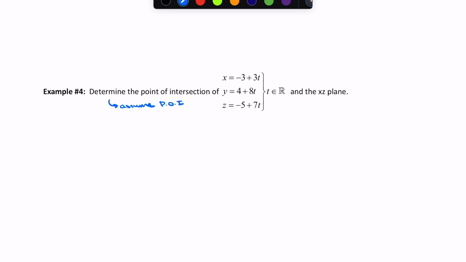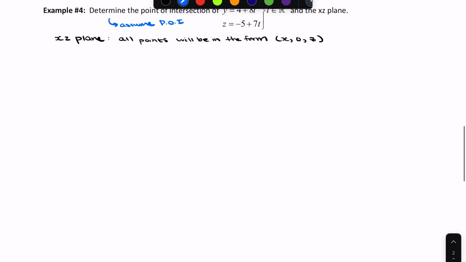If we look at our xz plane, when we have an xz plane, all points will be in the form (x, 0, z). So what we'll do is set y is equal to 0.